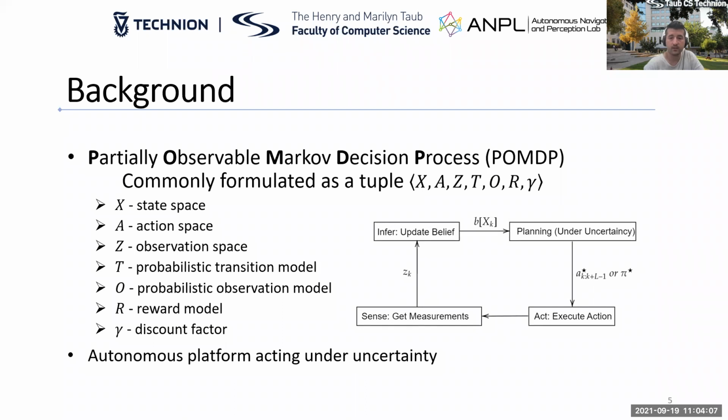Under this setting, an autonomous decision-making agent pipeline should look something like this diagram on the right. Given the agent's internal belief over the state, he plans into the future, and based on the planning session, he picks an action or a sequence of actions, executes the action, acquires an observation from the real world, and finally, using this observation, updates the belief over the state. In this work, we focus on the planning part here in blue.